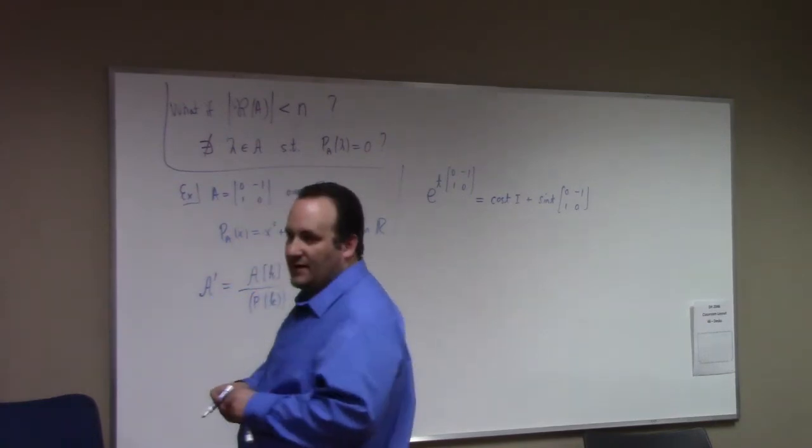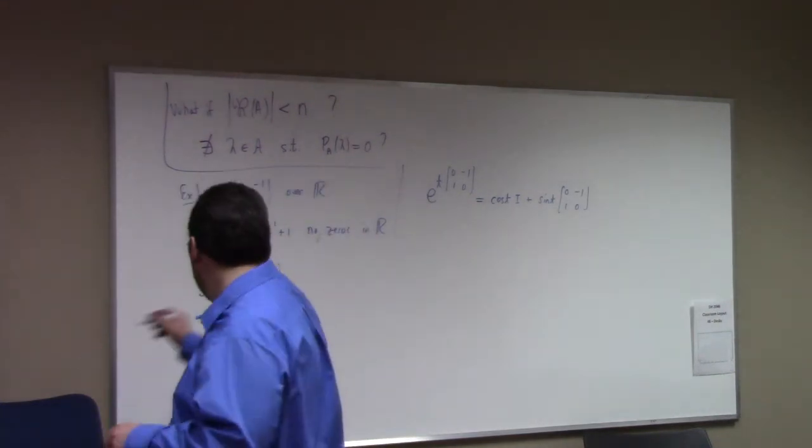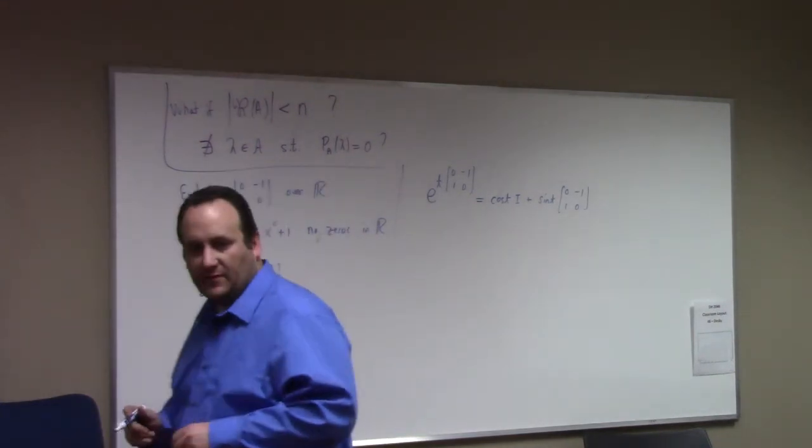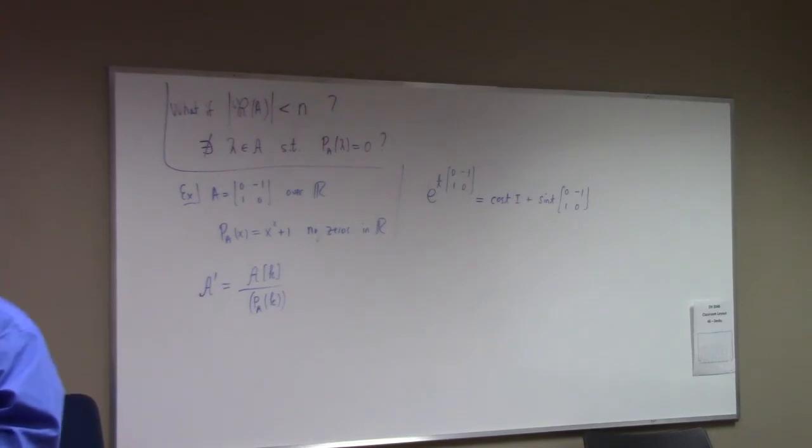So just mod by the ideal generated by the characteristic polynomial of A. That algebra is custom built to make the characteristic polynomial have a zero. So that extension algebra has a root, possibly more than one, to the characteristic polynomial.